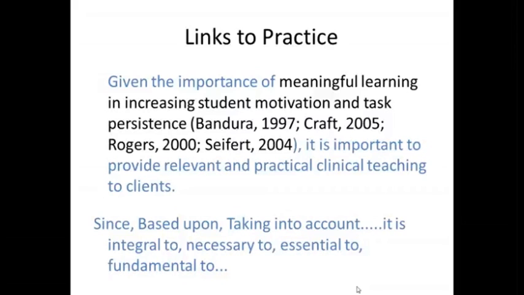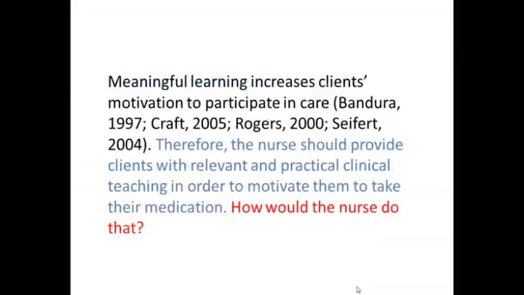It's important to provide relevant and practical clinical teaching to clients. In the place of given the importance of, a student might use since, based on, taking into account, and instead of saying it is important to, a student may write it's integral to, it's necessary to, it's essential to, or it's fundamental to. All examples of fine academic language.